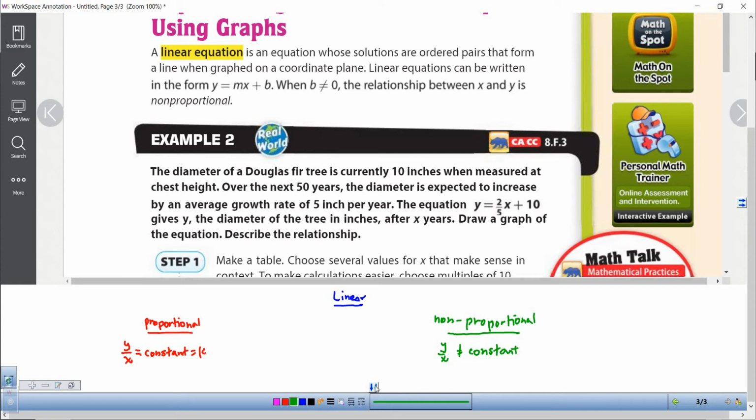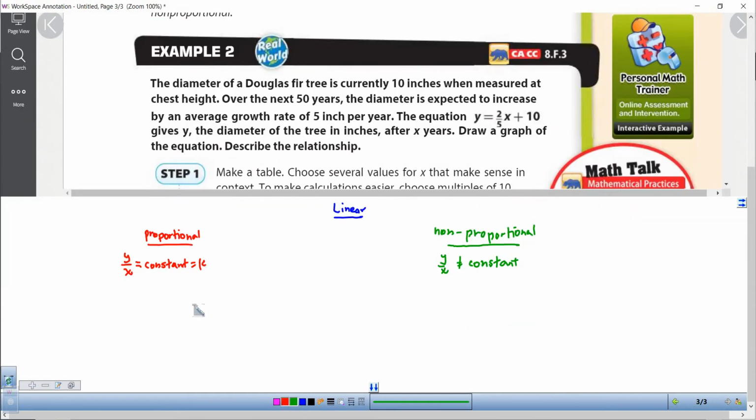If it is proportional, then the equation is going to be y equals kx. If it is not proportional, then the equation is going to be y equals mx plus b.